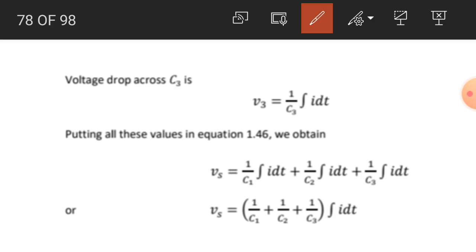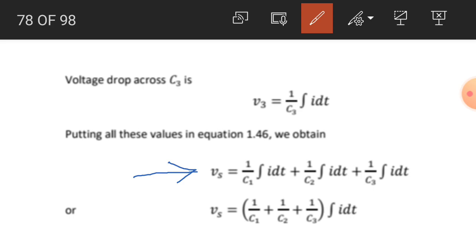If we put it in that particular equation, the voltage across the source will be equal to 1 over C1 into the integration of I dt plus 1 over C2 into the integration of I dt plus 1 over C3 into the integration of I dt.